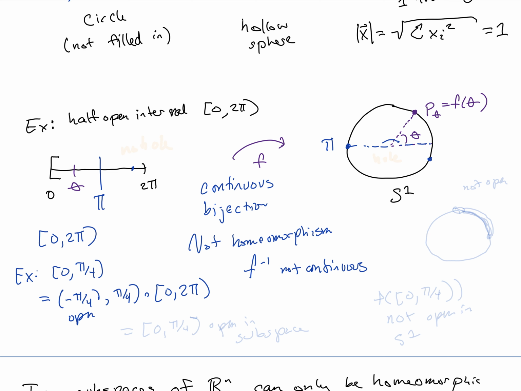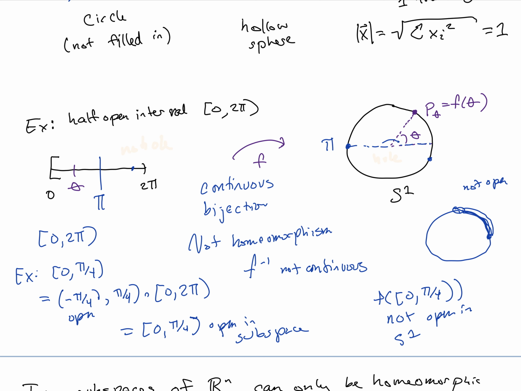So this is open, and therefore this intersection 0 to pi over 4 is open in the subspace given by R. Whereas if we look at F of this interval from 0 to pi over 4, this is not going to be open in S1, because if we think about the subspace S1 and this half-open arc, this set is not open.